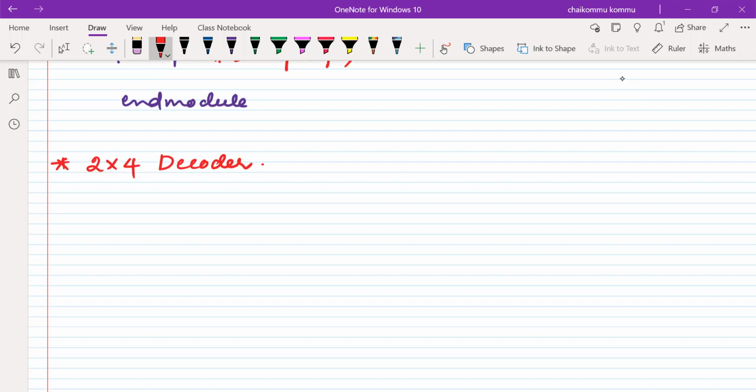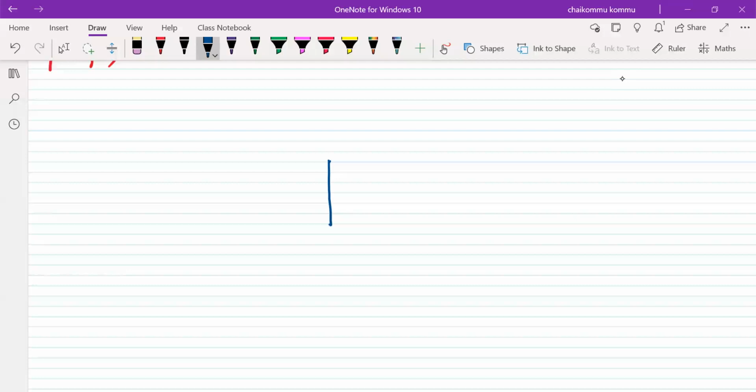I will give you the definition for this one. Next, we start here. What is the 2x4 decoder all about? It has two input signals and four output signals.